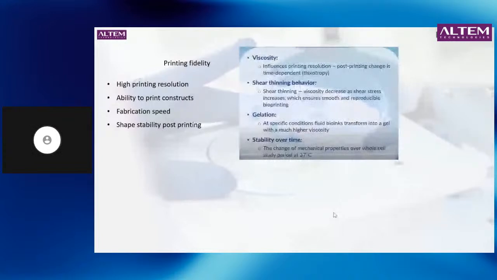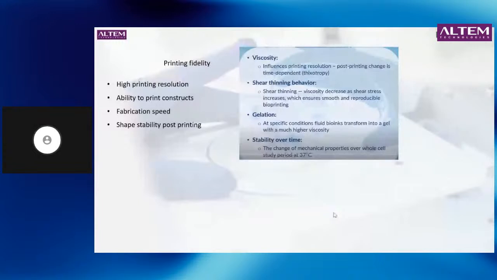And for shape fidelity, you have factors of the materials that are essential. One being viscosity. Viscosity influences the printing resolution, and also has a direct impact on thixotropy. Thixotropy is basically the dependence of a material over time, over stress, and how it retains its shape, its conditions, even before applying a shear stress over it or after it has been printed.